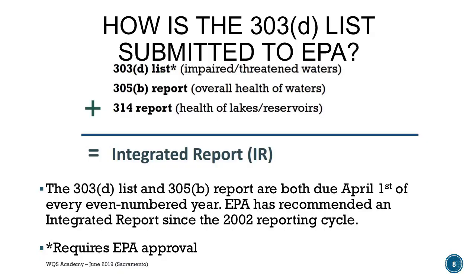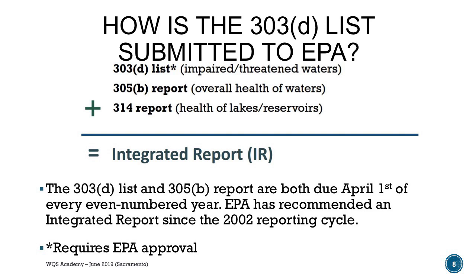The integrated report actually gives you some advantages: it shows all assessed waters, and it also tracks waters that are good and become bad. You can track the progress of those waters in these reports, looking every 2 years, and vice versa, waters that are restored. That's the advantage to the integrated report.